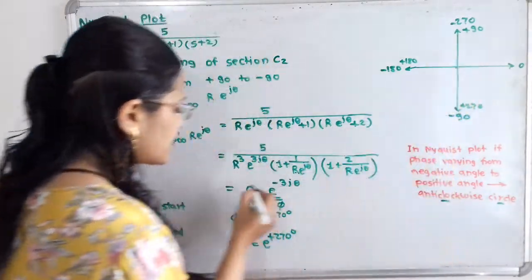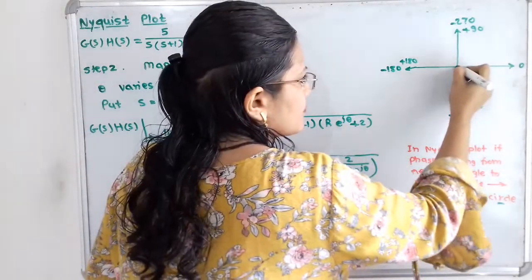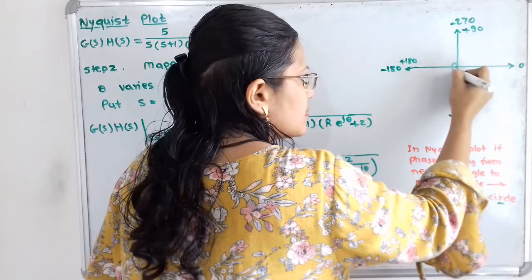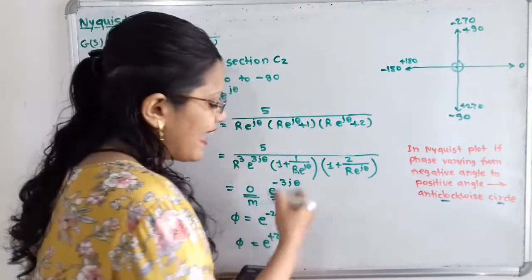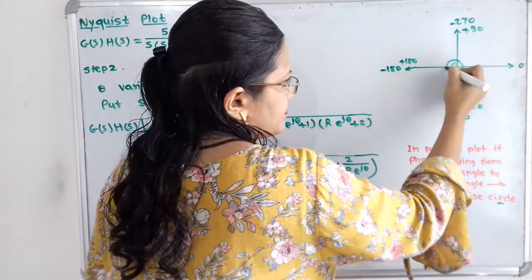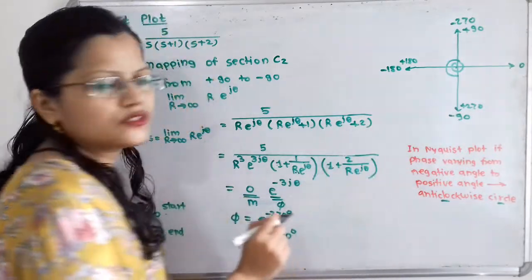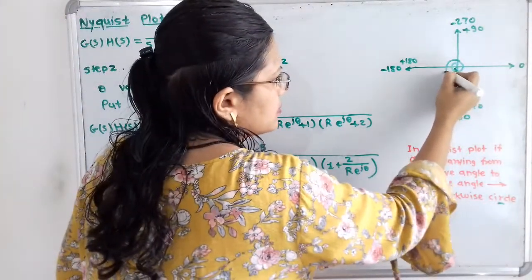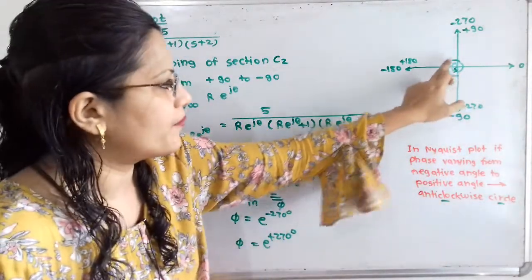So a very small circle, because magnitude is 0, starting from minus 270. Here one circle is getting completed. Now we have to draw the remaining half circle up to plus 270, and we have to show direction anti-clockwise.